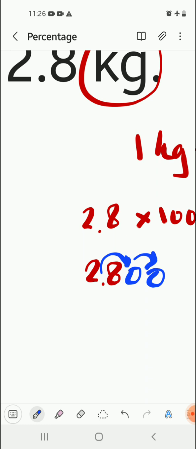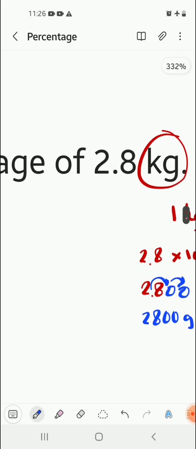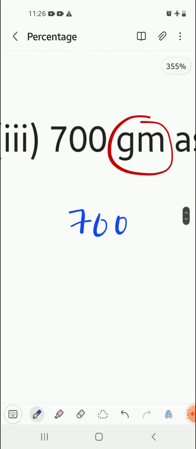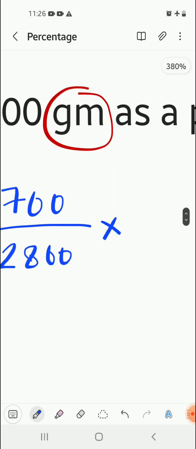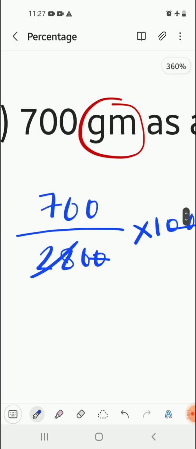So it would come over here, 2800 gram. Now see, 700 gram of 2800 gram, again converted into percentage, so into 100. Cancel it out, zeros. 28 will get cancelled by 700.